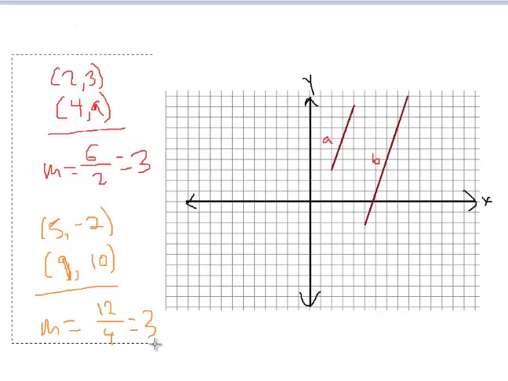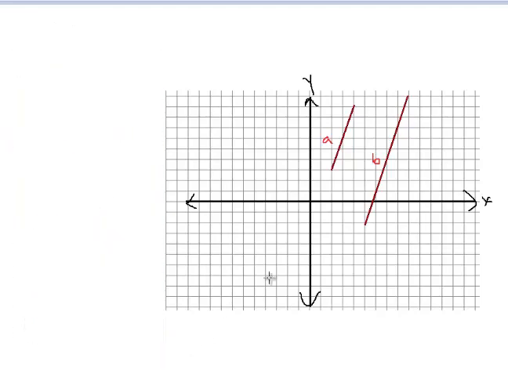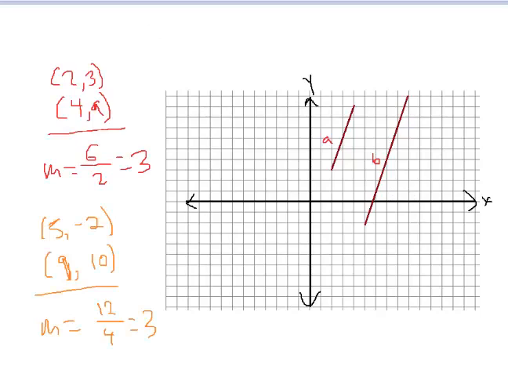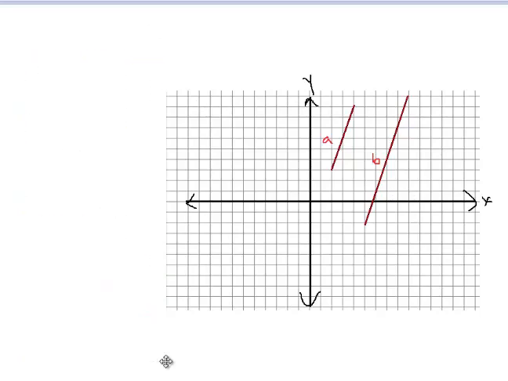Let's draw another line into the equation over here. I'm going to take this green line, and I'm going to start it at this point, and I'm going to draw a line that looks something like this.